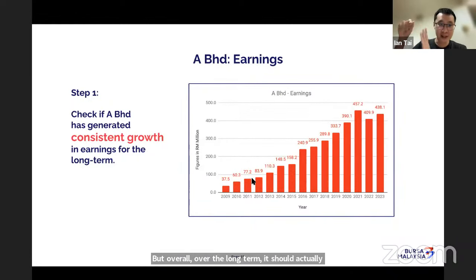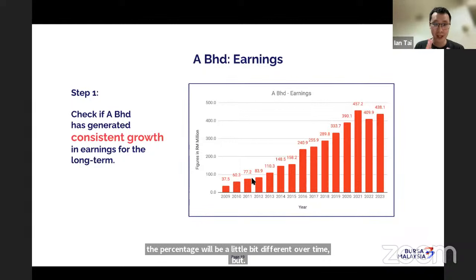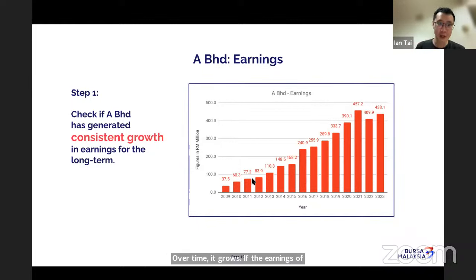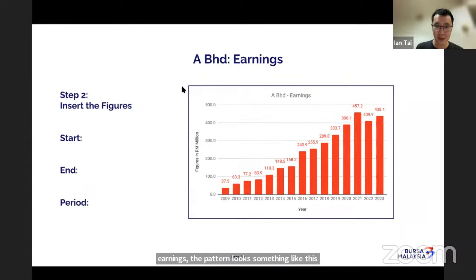It's just that the percentage will be a little bit different over time. But over time, it grows. If the earnings of a company grow like this, then you can calculate CAGR. So this is step one. Make sure that it has a graph. Make sure that the earnings pattern looks something like this. Step one.